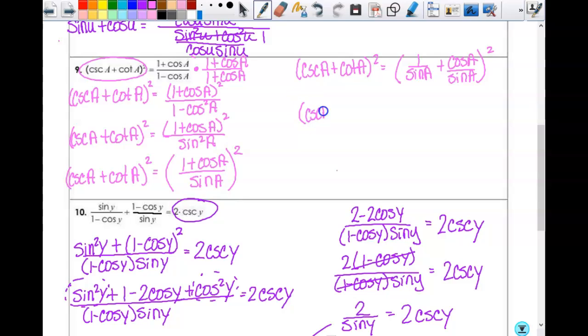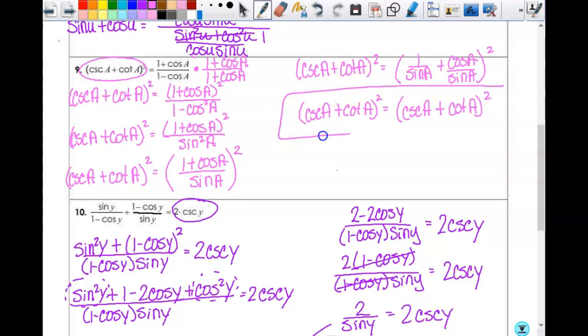Then cosecant A plus cotangent A squared equals, well, 1 over sine is cosecant plus cosine over sine is cotangent, and that is squared. Oh, and look, they match, and I am done. Okay? So, sure, it has fewer steps than the other way, but you have to know to introduce something, and introduce something that will actually get you somewhere along the way.